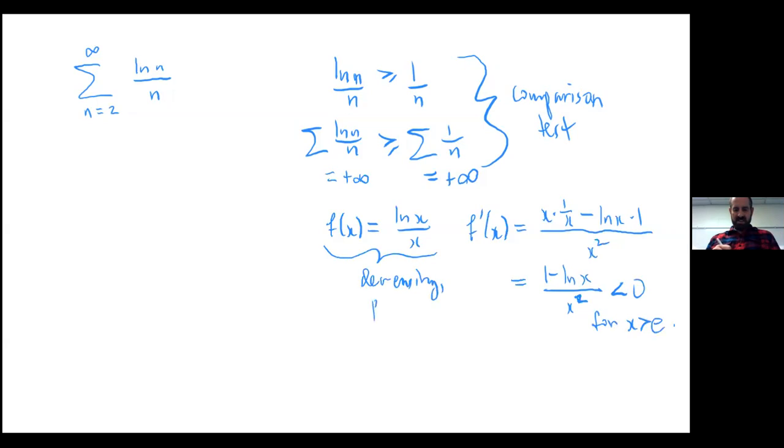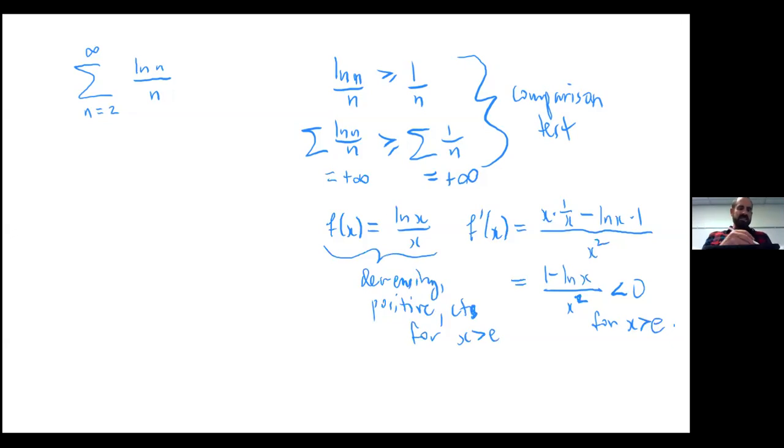It's also positive. If I plug in things beyond e, of course, I'm always going to have something positive here. And it's continuous for x bigger than e, right? So it has all those properties.